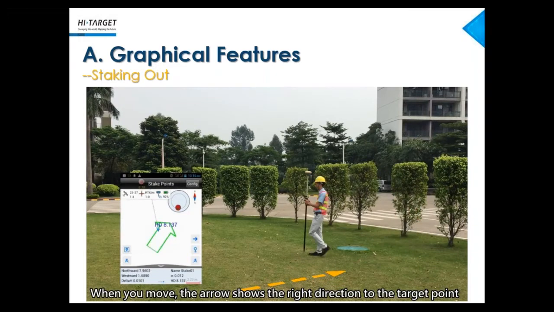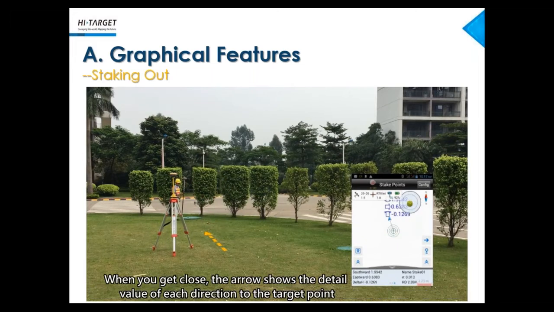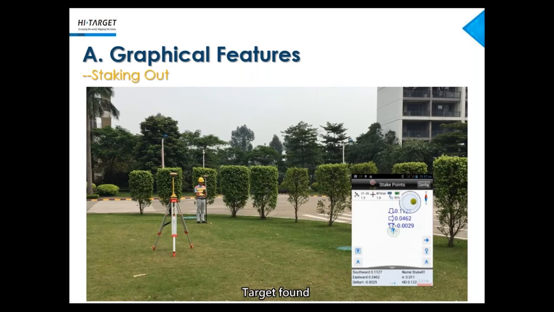And when you are getting close to the targets, the big arrow will disappear. Instead, there will be 3 more small arrows showing you how to get there. And once you have located the place, there will be a voice prompt coming from the device. It is a similar way for the line stakeout.